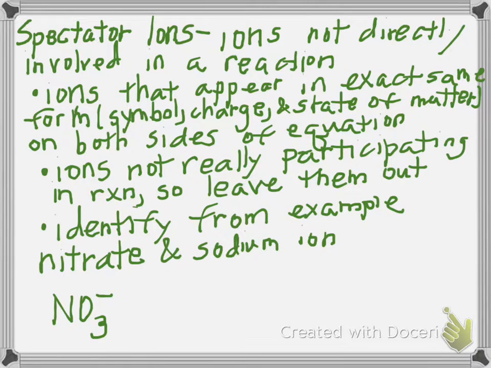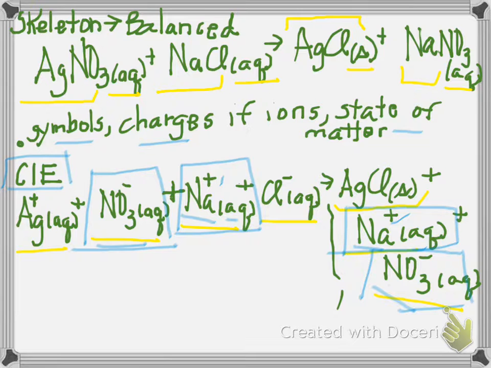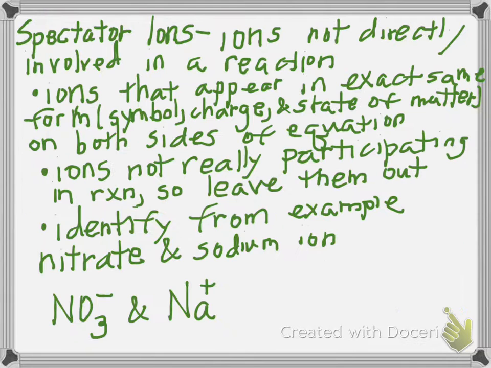Otherwise, if I just call it sodium, it's a neutral atom. Let's take a look at chloride. I have Cl-1 aqueous, and here it's in a compound. So chloride is not a spectator ion. So my spectator ions in this reaction are nitrate and sodium ion.